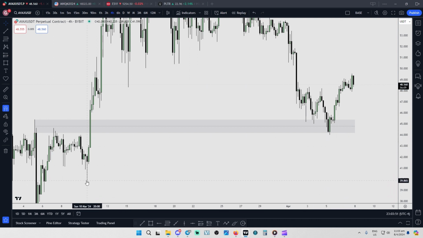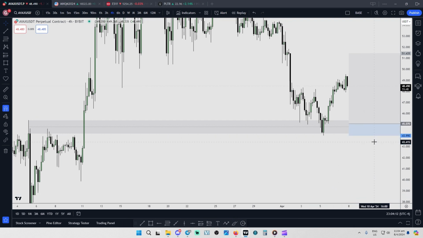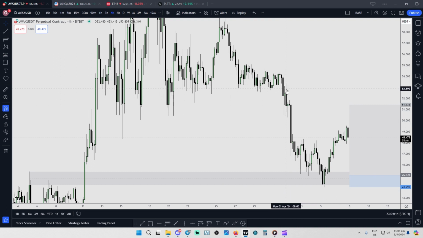So from here, this was your original stop, you can shift it all the way down here, and notice that your entry is here and here. So you're really limiting your risk exposure, right? So let's just say your entry is right in the middle of these two, and then your stops will be here, that is 2%, and you're aiming for that monthly opening price.